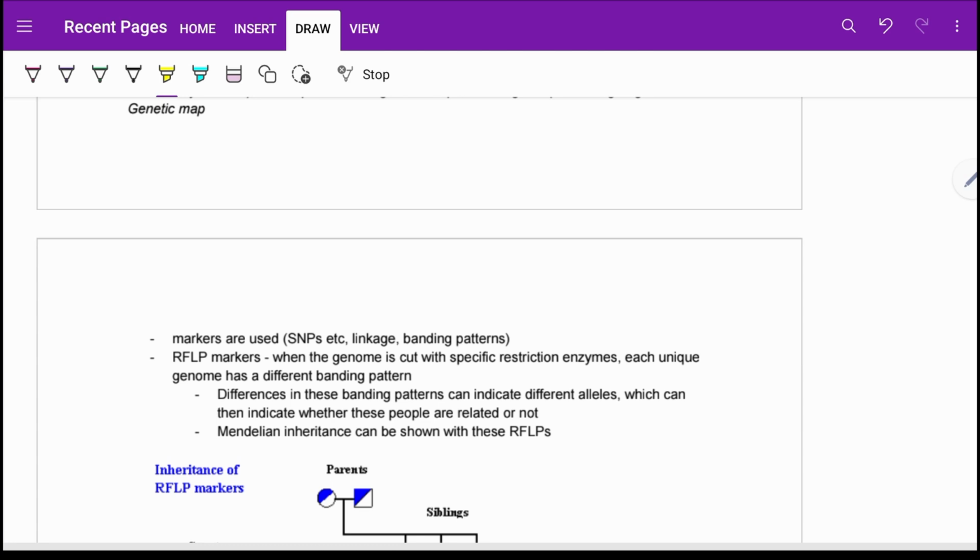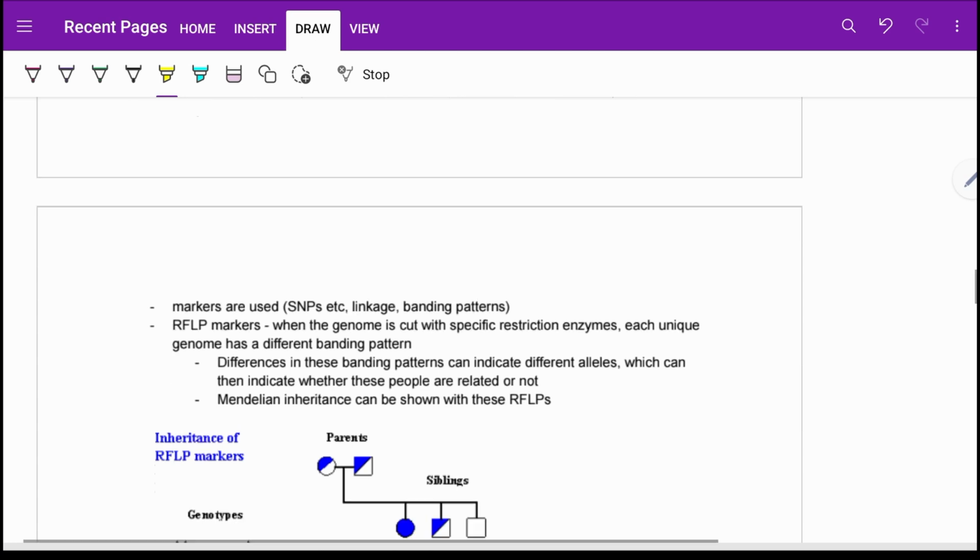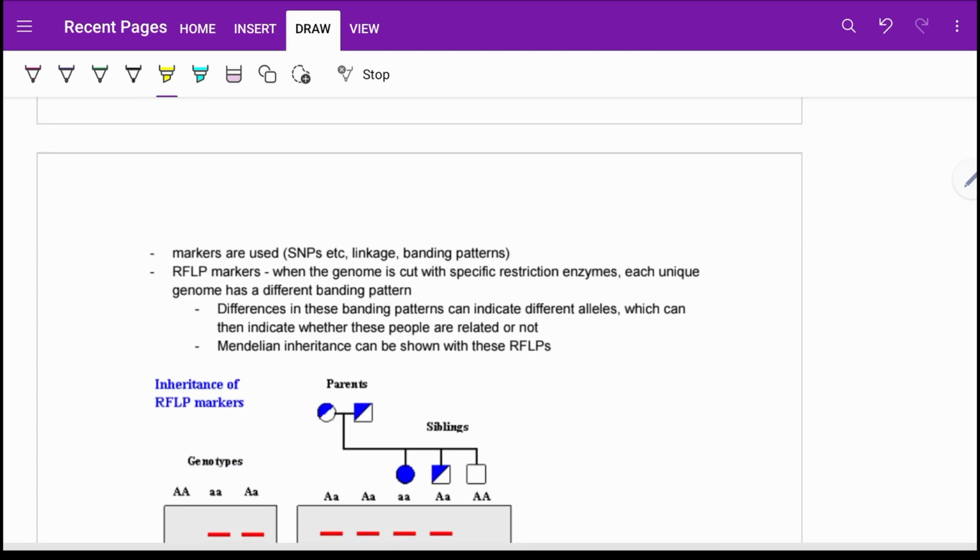And we also use banding patterns on karyotypes of a chromosome so that we can tell which genes are heavily expressed and which are not, because how condensed the chromosome is correlates to how much that gene is expressed in a given time frame.